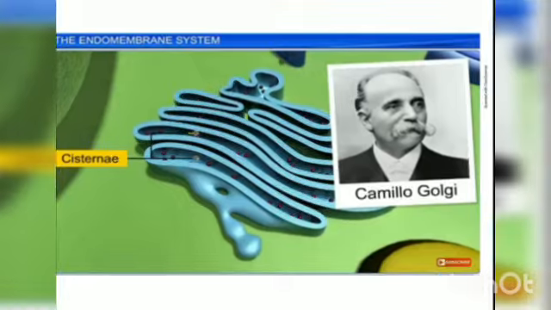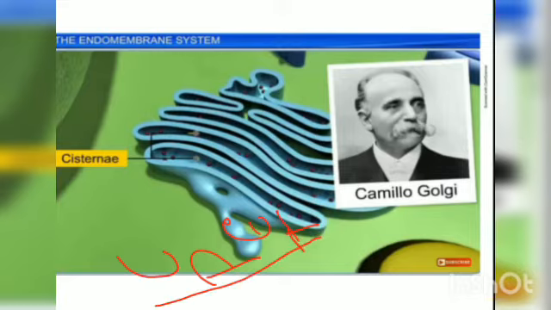You can see this Golgi apparatus helps in collection, packaging and distribution. Or instead of distribution you can write, your favorite teacher is your PT sir. The main functions of your Golgi body are these three.